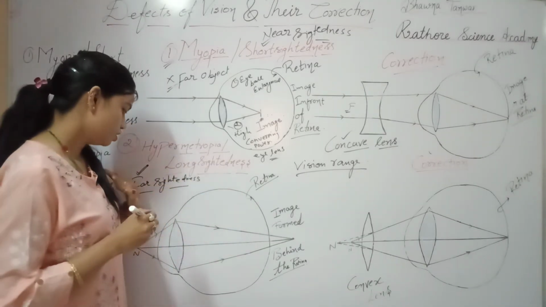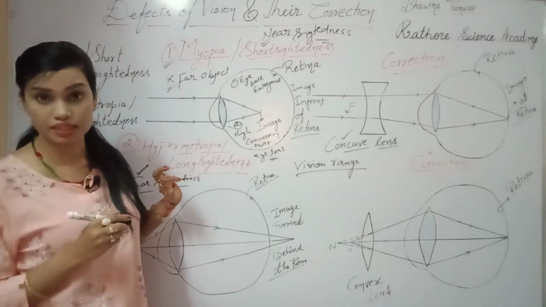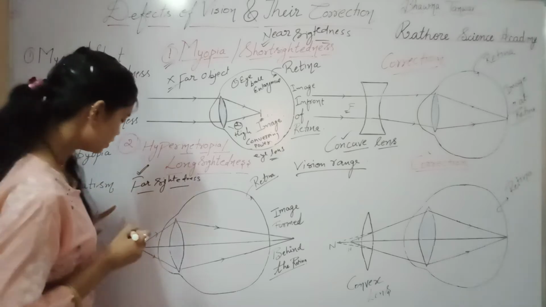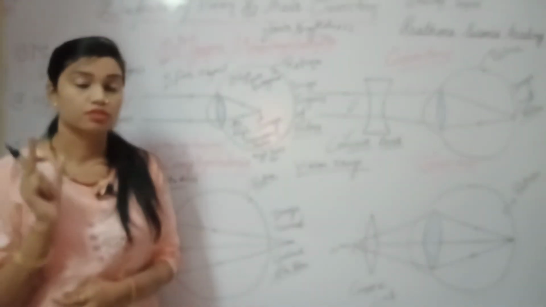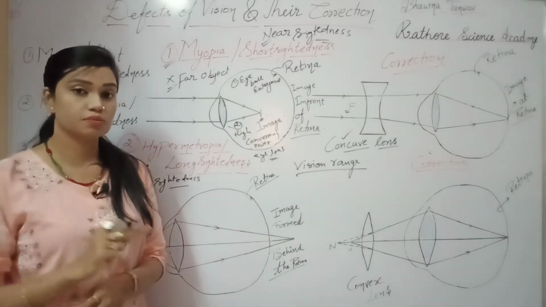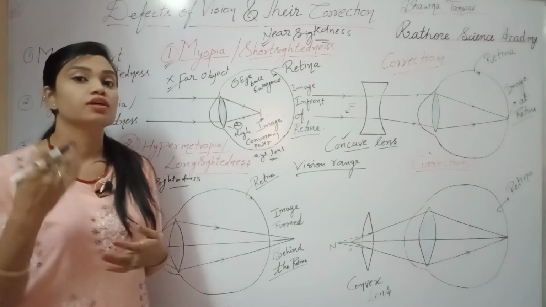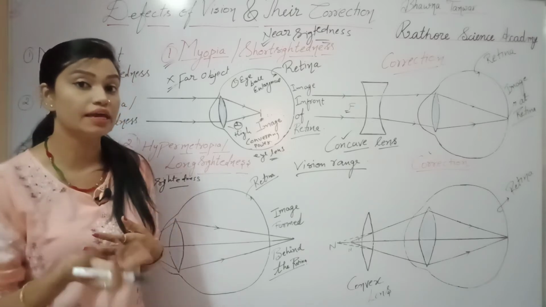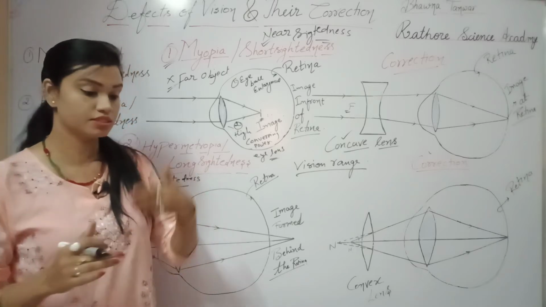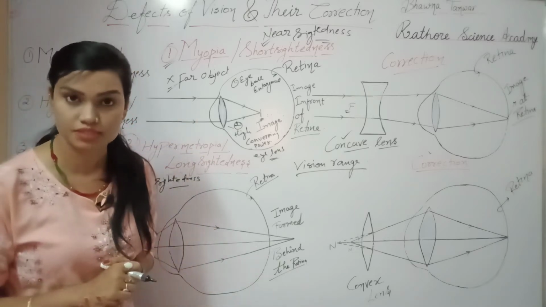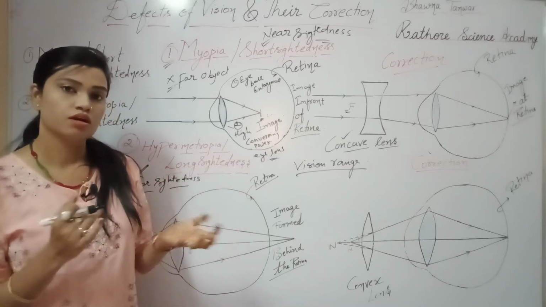The person suffering from hypermetropia can easily see the far object very clearly, but the near object is blurred. They are not able to see the nearer object. So basically the defect is related to the near object. Okay.